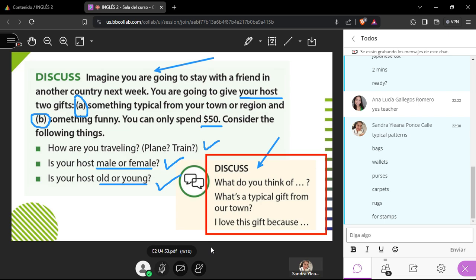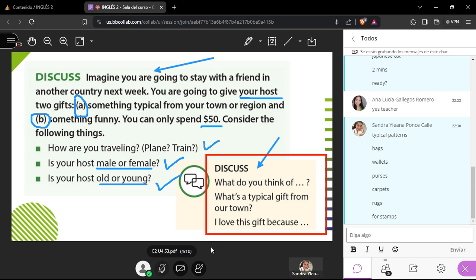Take into consideration these aspects because this is going to help you to think of the two gifts, right? Definitely, you should know if your host is male or female. Is he or she a young person or an old person, right? So consider these aspects when you make the decision to choose those two gifts, right?